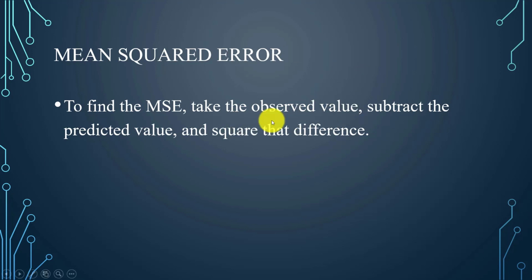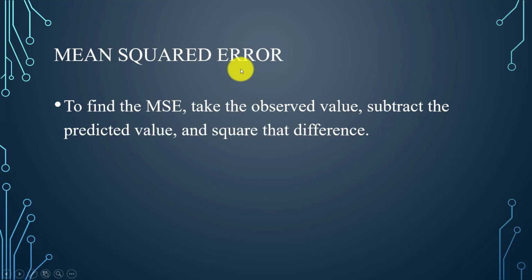The first value is called the observed value. Now what is the observed value? The observed value is nothing but the actual value during the observation. And the second value is the predicted value. Now what is the predicted value? The value is predicted before the observation, or you can refer to it as an estimated value.